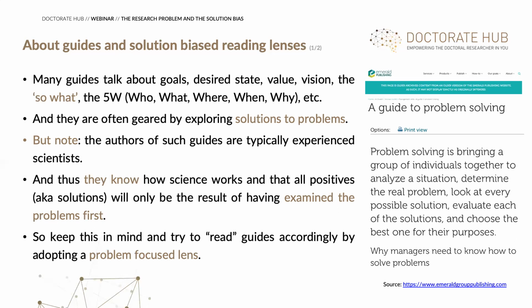The point is that those guides are often written by scientists and they know how science works, and that all positives will only be the result of having examined the problem first. So we first need to understand what is a problem, what are the parts of it, what are the research questions to the problem, how do different problem dimensions relate to each other, and from there we can work towards the solution. And accordingly, once we read guides, we also need to understand what words such as problem solving imply.